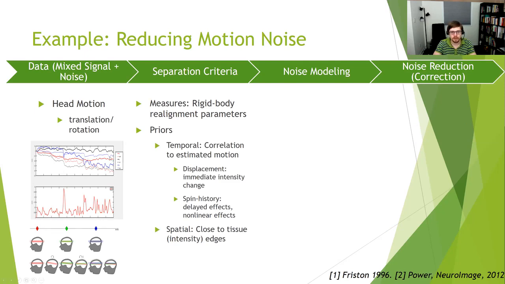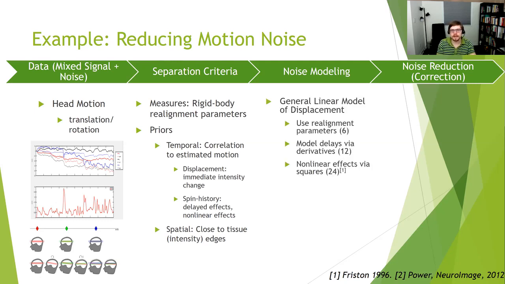So in the temporal domain, we assume that we have correlations to the estimated motion that are immediate because of the displacement. So there's an immediate intensity change if we have a displacement, but there's also the mentioned spin history effects. So they might be delayed, so motion might have an effect in a later volume of the time series, or there might be nonlinear effects because of the spin history. And spatial priors are, for example, that motion effects are usually close to tissue and edges because there's a high intensity drop.